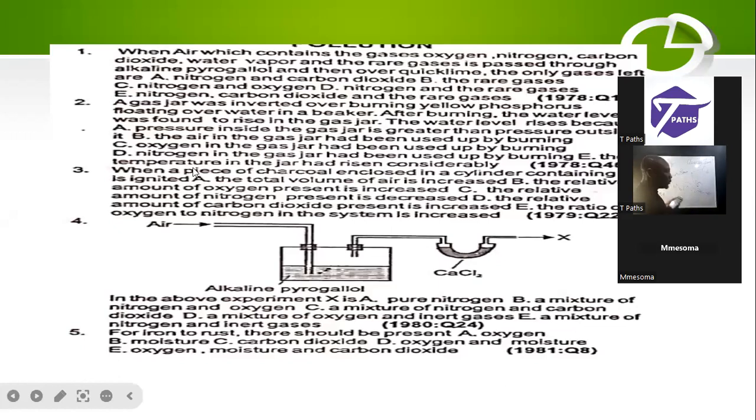The next question: when a piece of charcoal enclosed in a cylinder containing air is ignited, what happens? You have charcoal. Charcoal can be said to be a hydrocarbon.